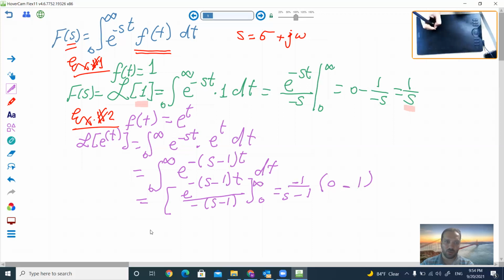So finally, we will get the result to be 1 over s minus 1.